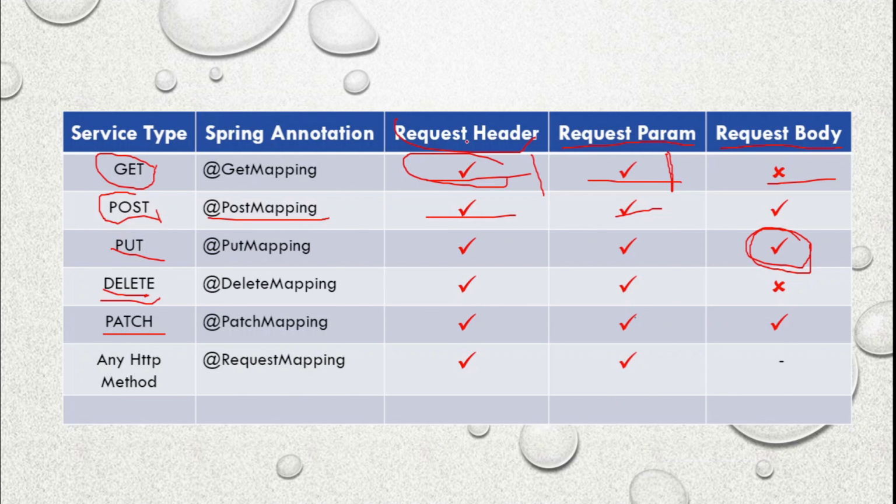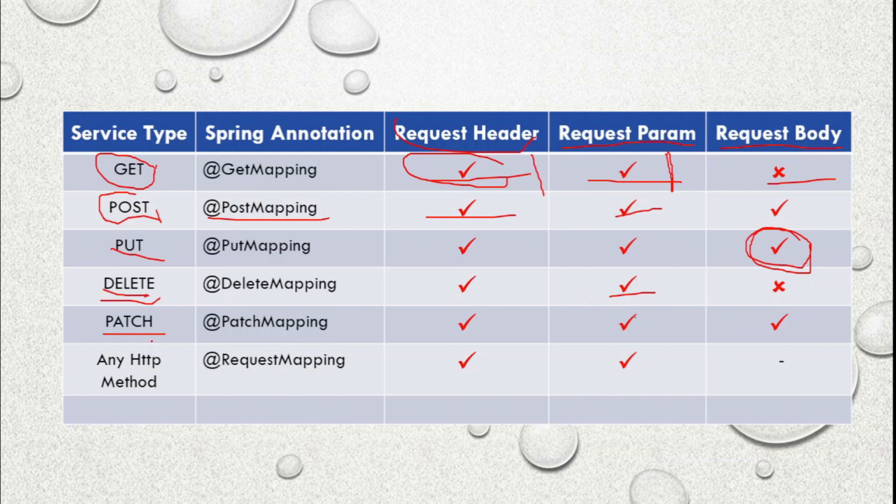DELETE services also support request header and request parameter, but not the request body, because we are going to delete some resource, so there is no need to send the whole details of that resource in the body. We can send minimal details to delete those resources.